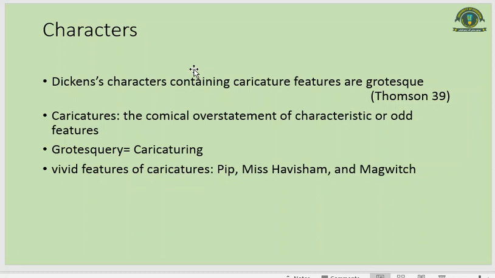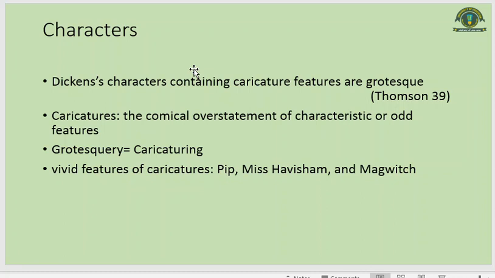The grotesque has often been related with caricature. Charles Dickens is very famous for his art of caricaturing, but his critic Thomas has said that Dickens's characters containing caricature features are grotesque.